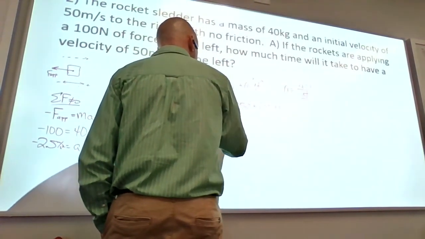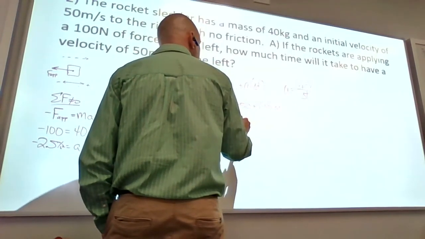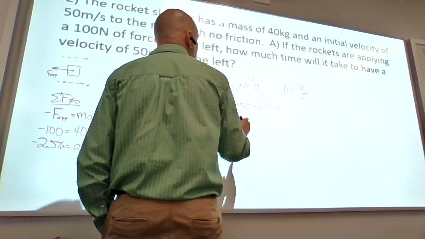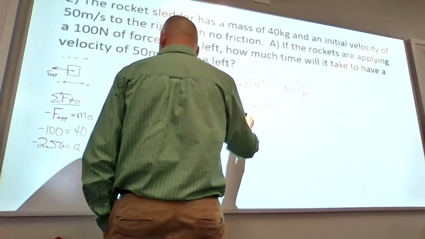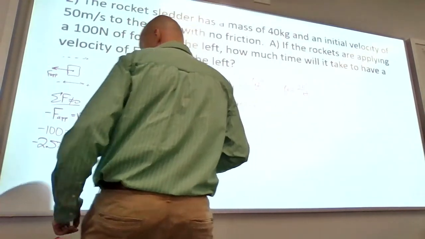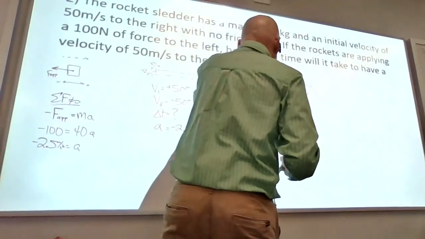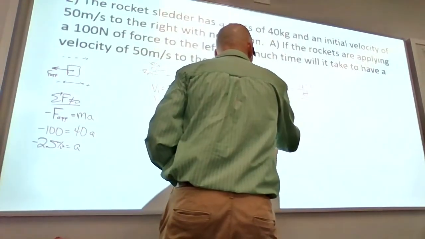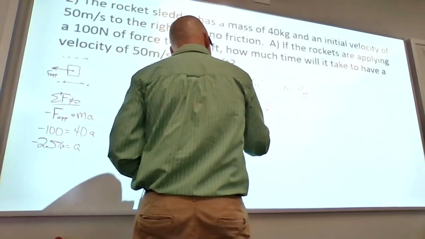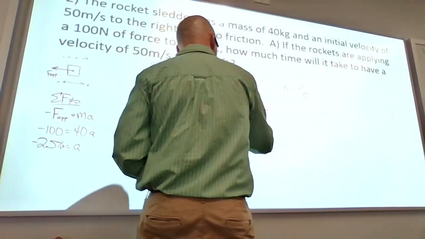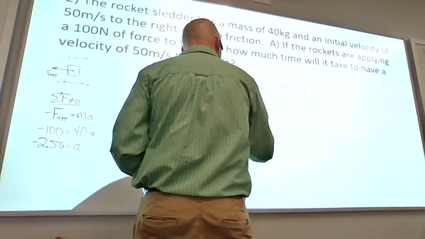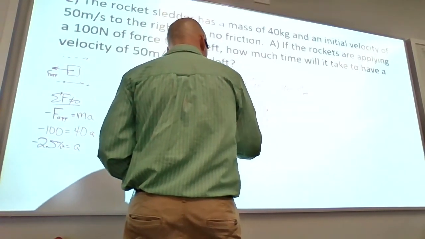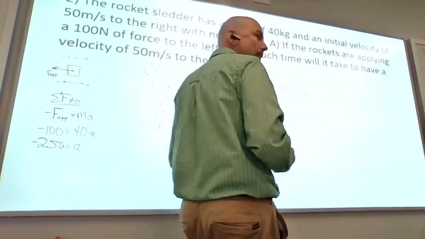So we got negative 100 equal, no, not 10. Where am I getting 10 from? Negative 2.5, sorry. And that equals 40 seconds.